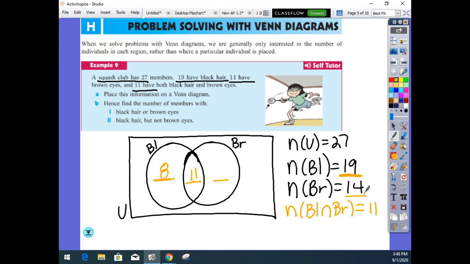We have 14 total brown, but we already have 11 in the intersection, so I'm going to take 14 minus 11, that's 3. Now, how much do we have so far? 8, 11, and 3, that's 22. So I have 27 total. That means there's 5 left for out here.